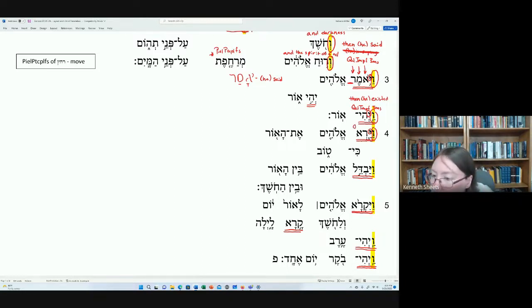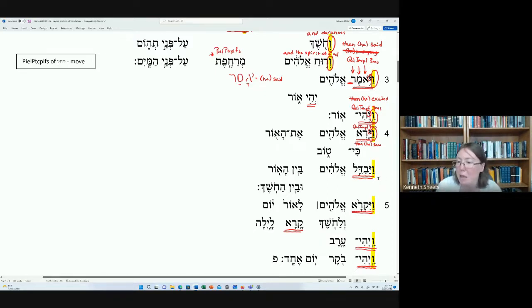So this again is going to be that qal imperfect, third masculine singular as well, from the verb ra'ah, which means to see. So vav consecutive, flipping the aspect, making it completed action. "Then he saw." We'll explain that in a little bit.